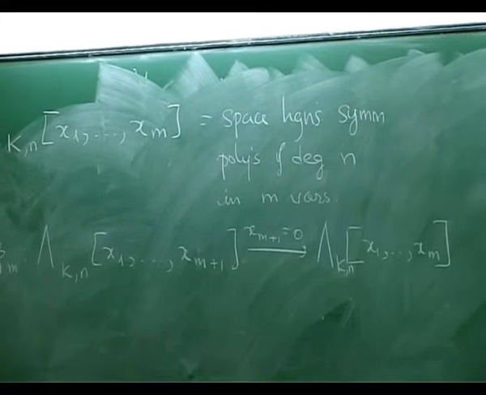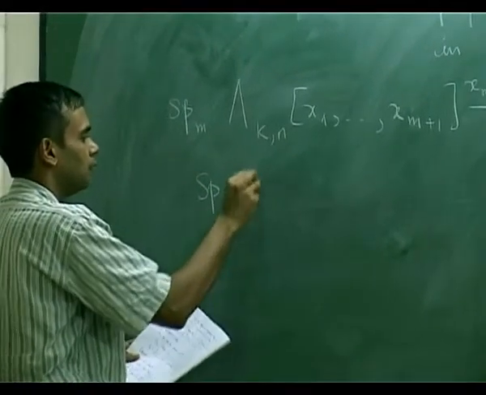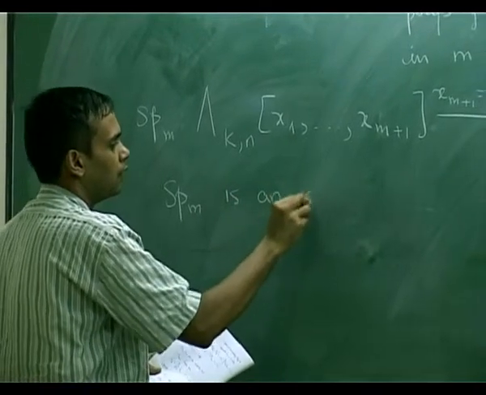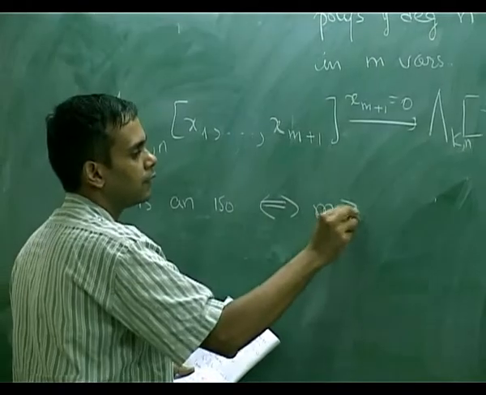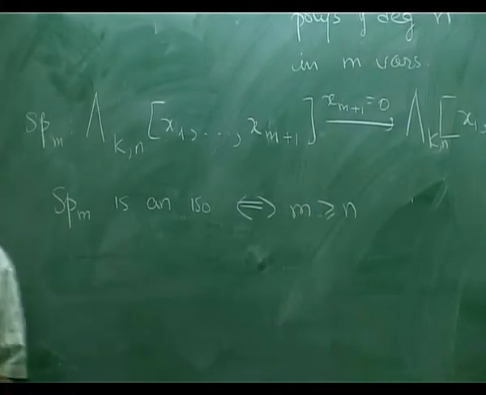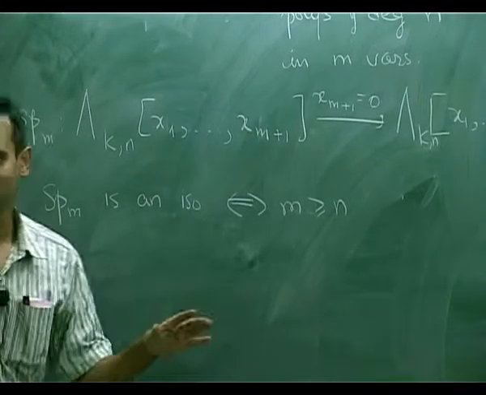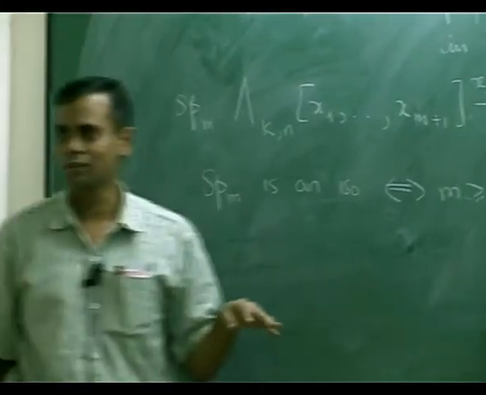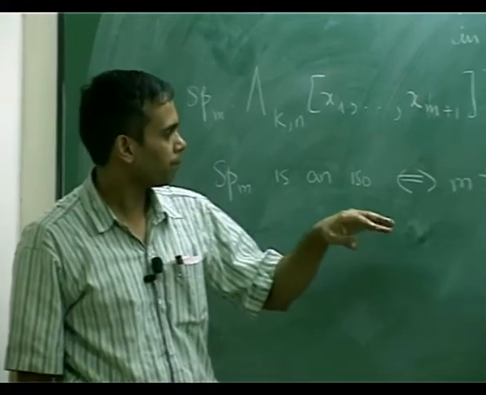always, but it turns out that this is an isomorphism whenever m is greater than or equal to n. This requires a little thought, but it's not very difficult. In any case, I won't do it now.